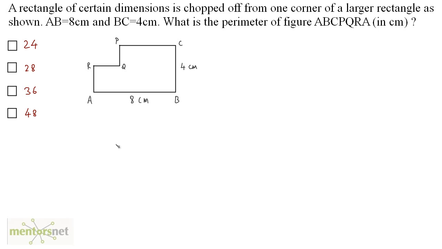A rectangle of certain dimensions is chopped off from the one corner of a large rectangle as shown. Here AB is equals to 8 cm and BC is 4 cm. What is the perimeter of this figure ABC PQRA in centimeters?